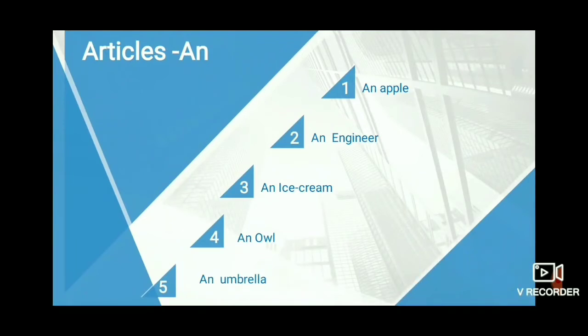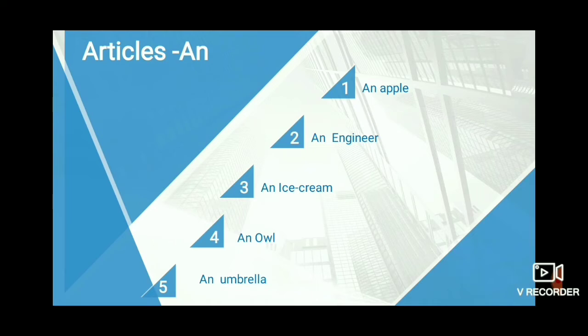In the next step, we see that these words start with vowel sounds. Apple starts with a, engineer starts with e, ice cream starts with i, owl starts with o, umbrella starts with u.